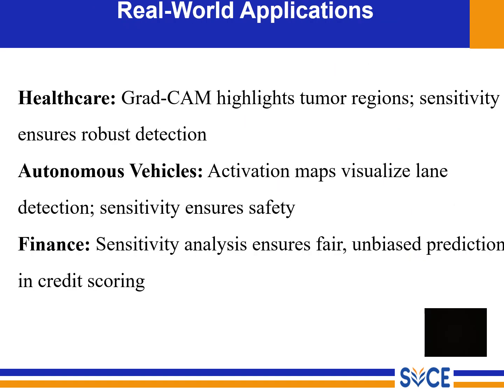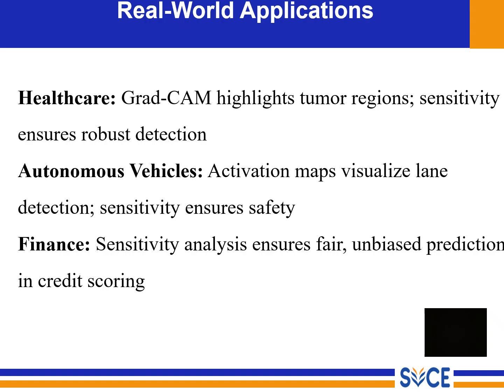Let's connect these ideas to real-life AI systems. First one, healthcare. Grad-CAM highlights the tumor areas, helping the doctors understand AI decisions. Sensitivity analysis ensures the model is not unstable due to noise or image quality. The second one is automatic vehicles. Activation maps show where the car is detecting the lanes or obstacles.